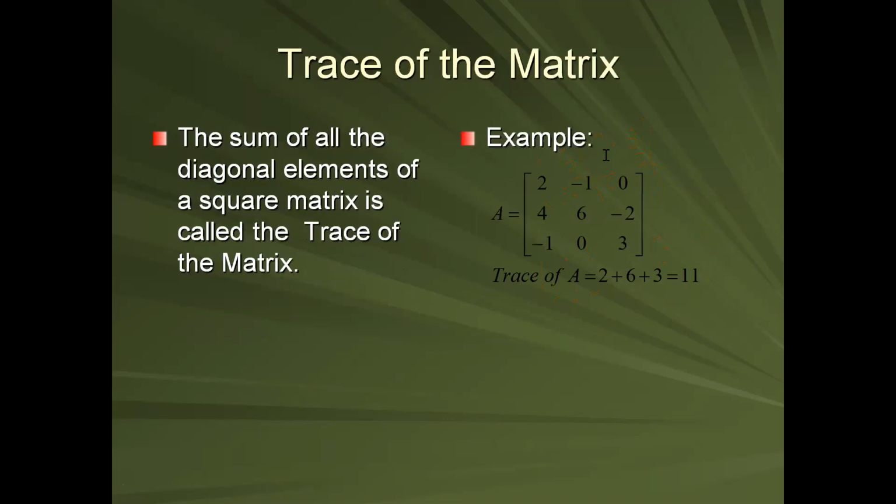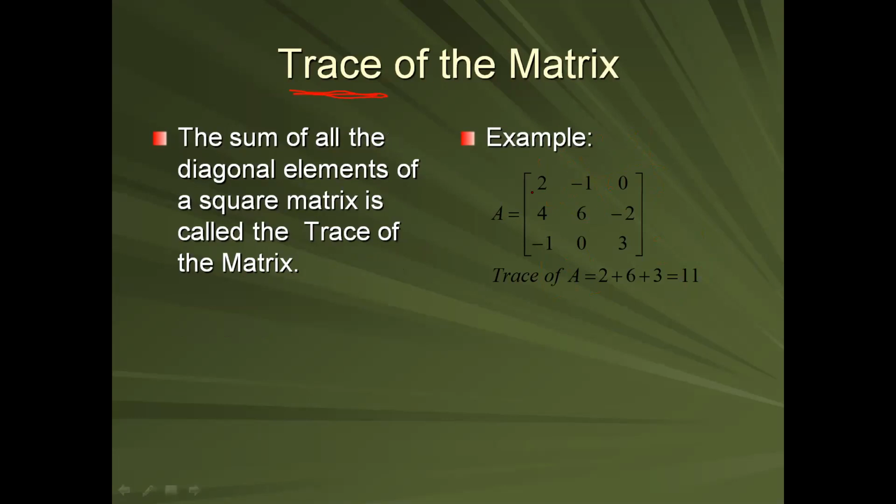Now, see, I told you that knowing the other parts of matrices, you need to learn some other concepts. So now we will see what the trace of a matrix means. When you have a square matrix, only in that case you will be able to find the trace. It is only for square matrices.